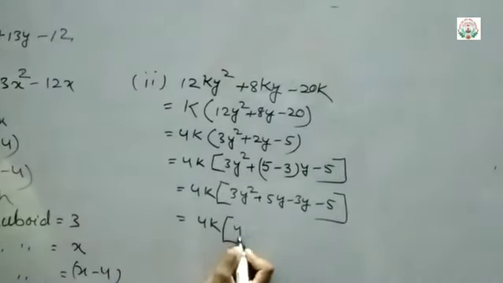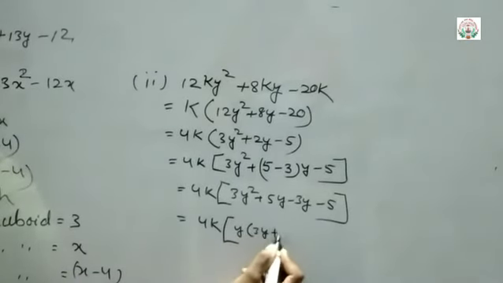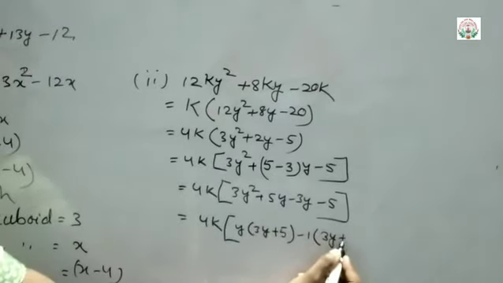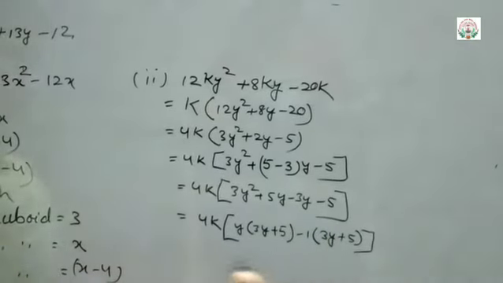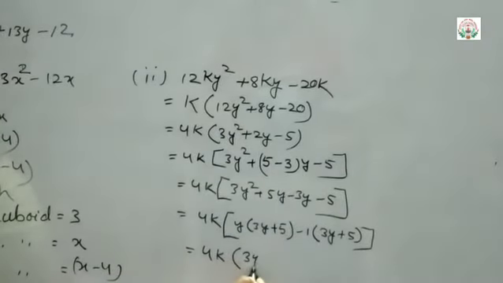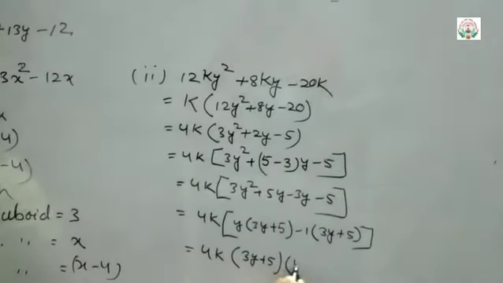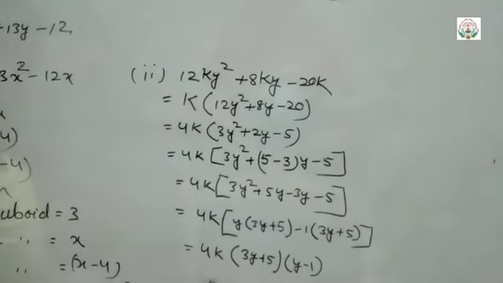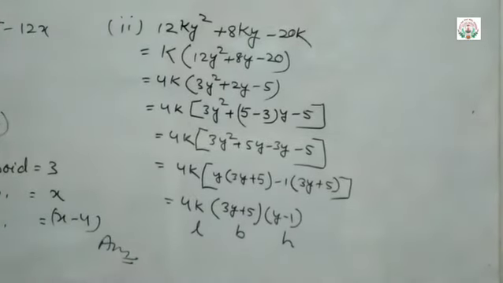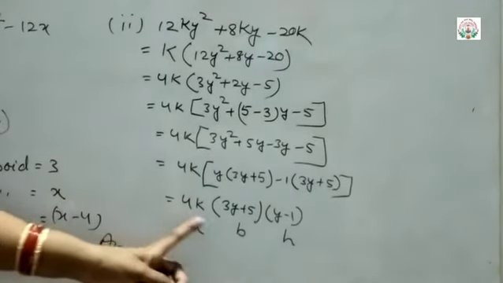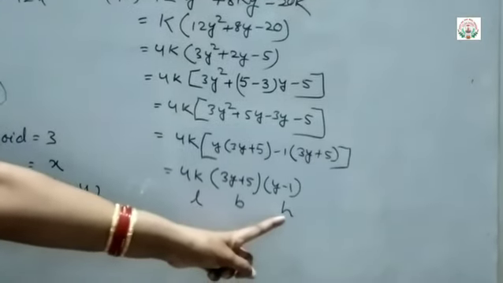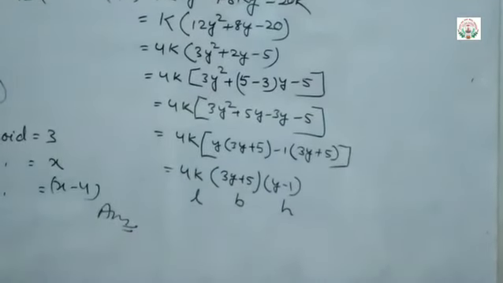Here common is y, so y into 3y plus 5, here minus 1, 3y plus 5, which equals 4k into 3y plus 5 into y minus 1. So this is L, this is B, this is H. Okay? Then write: length of the cuboid is 4k, breadth of the cuboid is 3y plus 5, and the height of the cuboid is y minus 1. Okay.